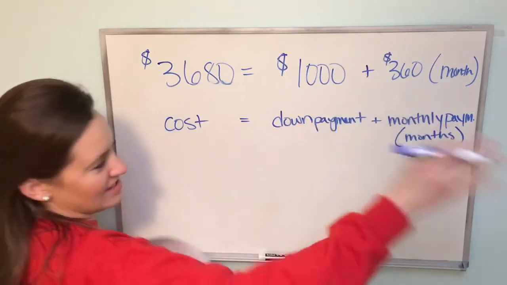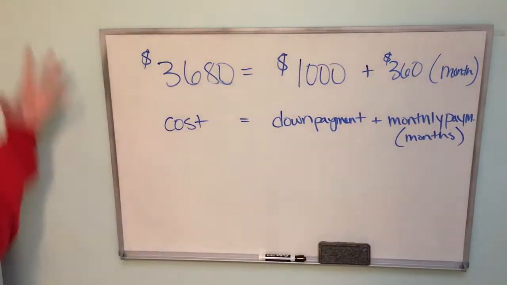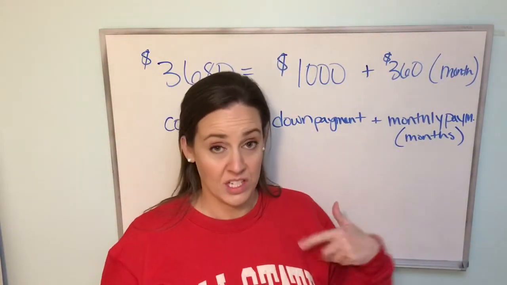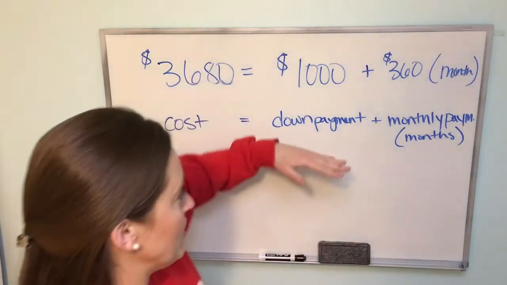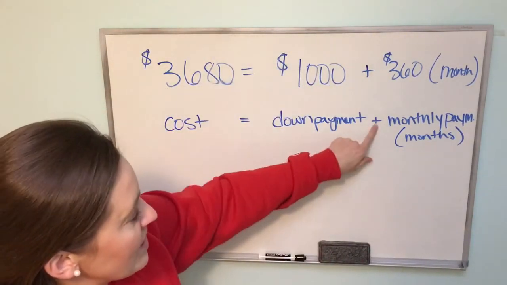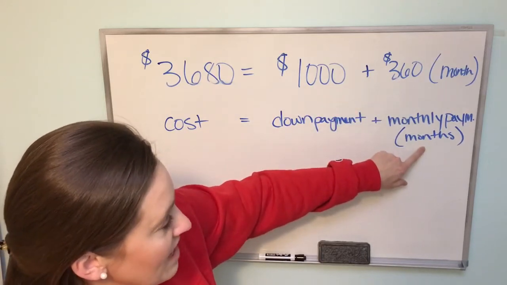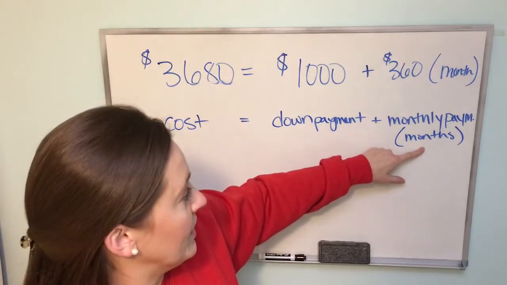Sorry, I just need a bigger board as usual. So the total cost is equal to the down payment, right? You have to pay that whether you lease the car for 1 month or whether you lease the car for 50 months. It doesn't matter. You just pay this one-time fee. Then you're adding to that how much you have to pay per month times the number of months you own the car.